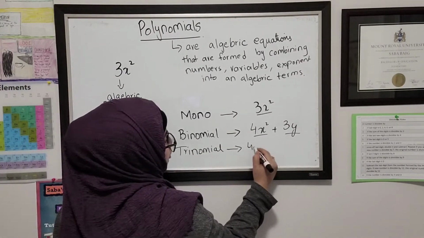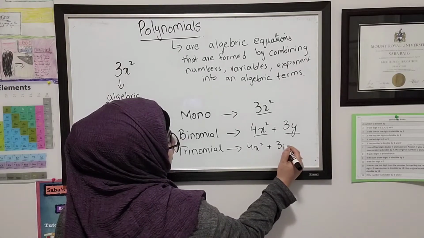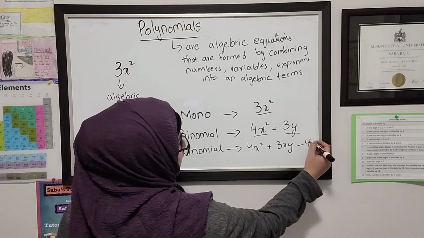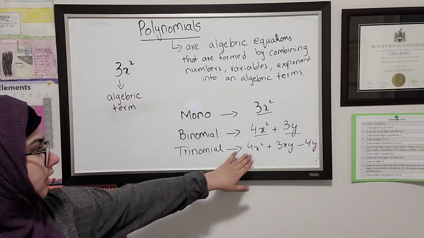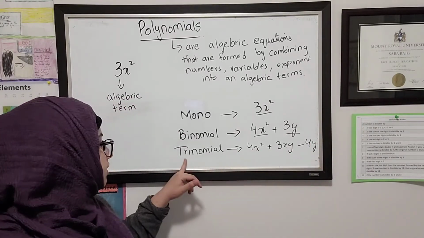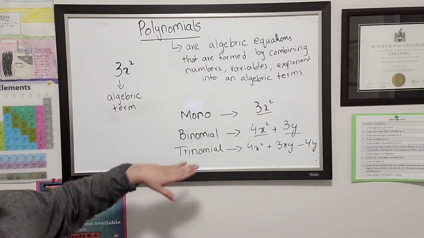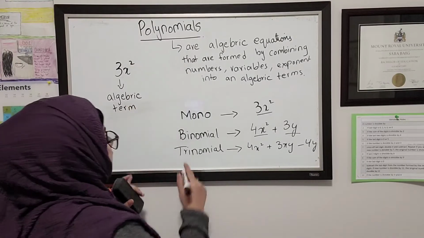So you can have 4x squared plus 3xy minus 4y, whatever. I'm just randomly writing down the expression. So here you have three terms. It's called a trinomial. And if it has more than three terms, it is considered a polynomial.